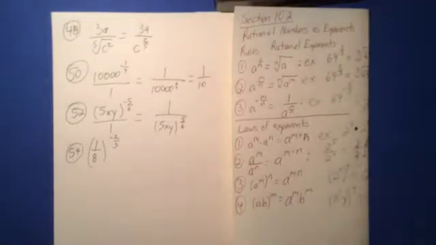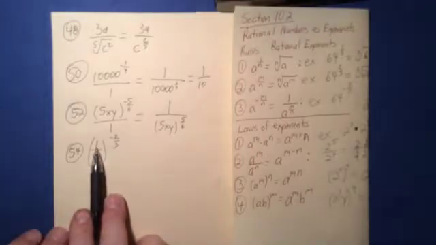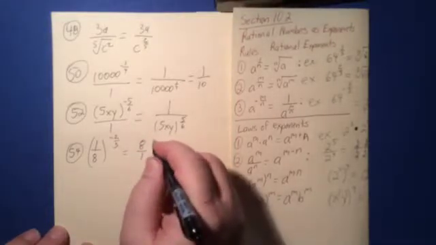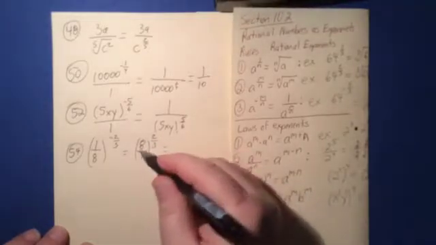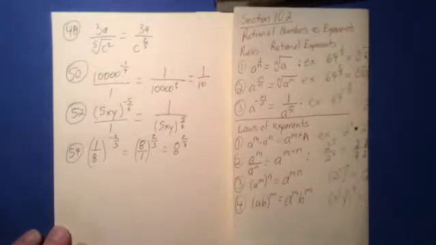If you have a fraction in parentheses like this, and the whole thing is raised to a negative exponent, all we're going to do is take the reciprocal, or flip the fraction. So we're going to write this now as 8 over 1 to the 2 over 3, or, removing the 1, we just write this as 8 to the 2 thirds.